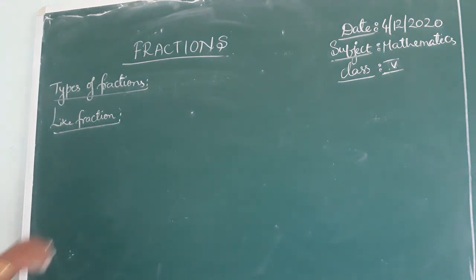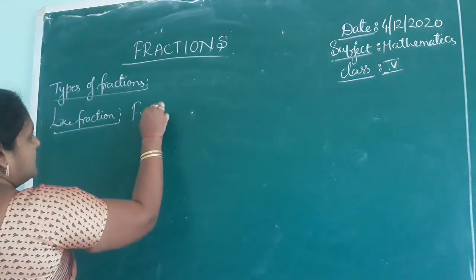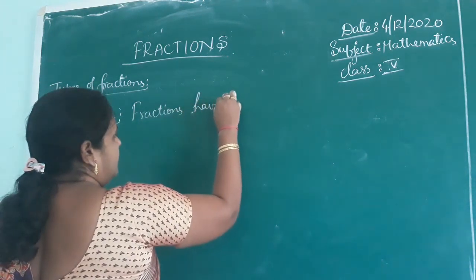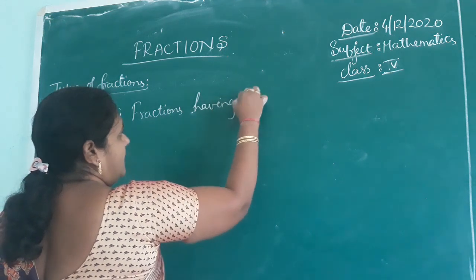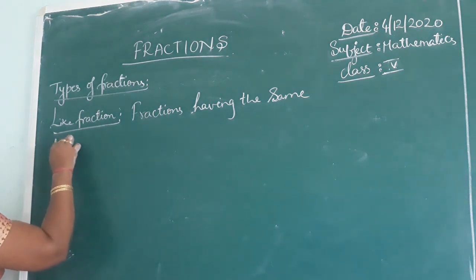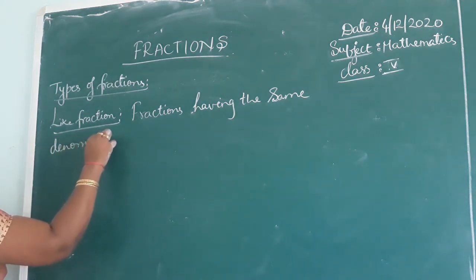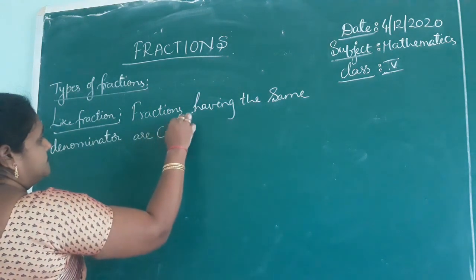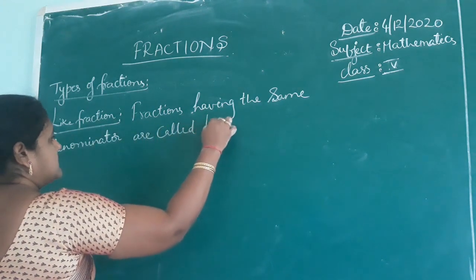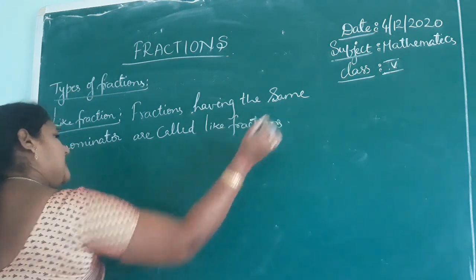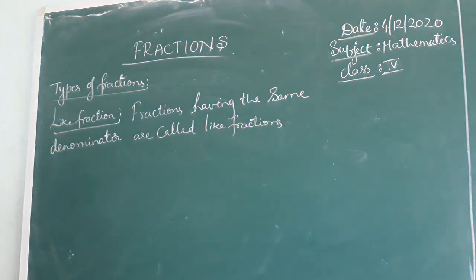What are like fractions? Fractions having the same denominator are called like fractions.